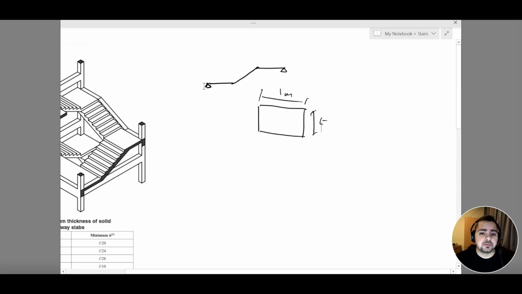Now we need to know what these two supports represent. To better understand them, we are going to talk more about them later on in a few minutes. Another way we can represent our beam is as a shell element, or basically an area element, and we can find M11 and M22 and reinforce the staircase accordingly.